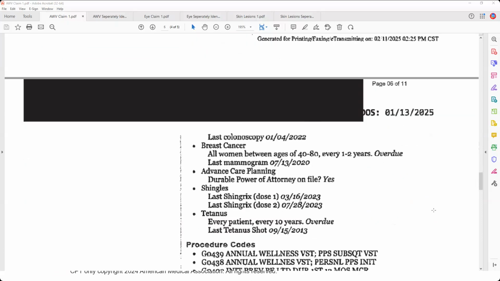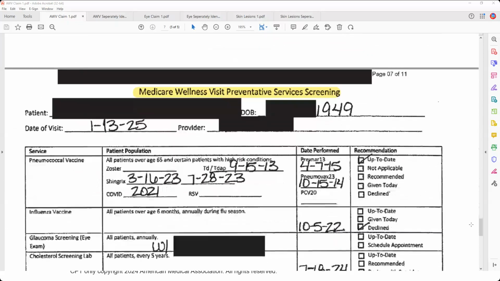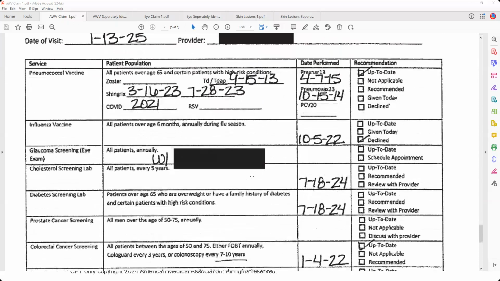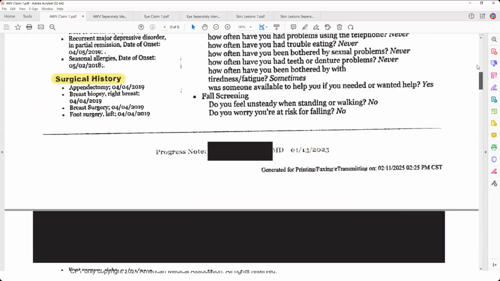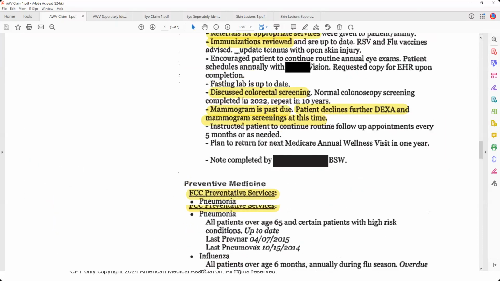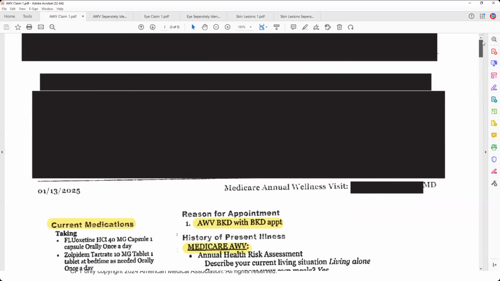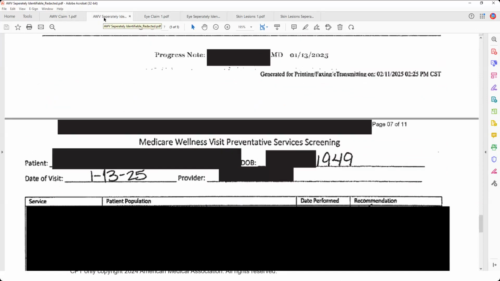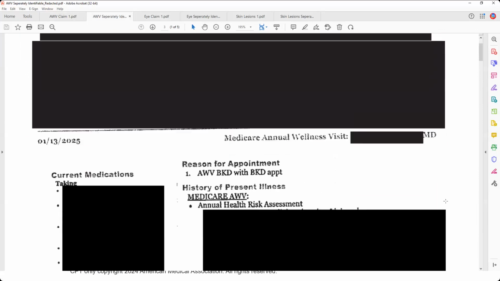And all of this information, and we scroll down here, and then we have some information about the preventive service screening, etc. Now, in this particular case, they were billing the annual wellness visit along with an additional E&M code. So let's take out all the information that related to the annual wellness visit and see what we have left. What's left?